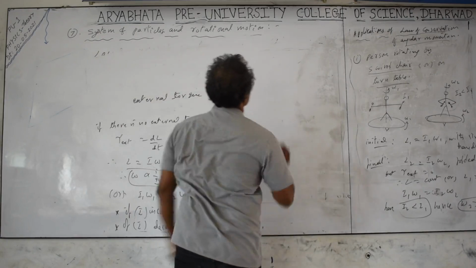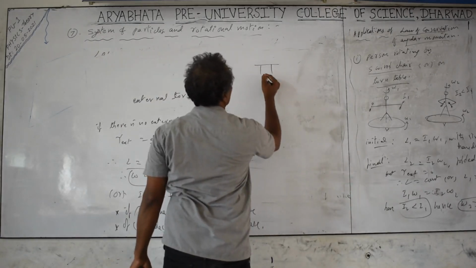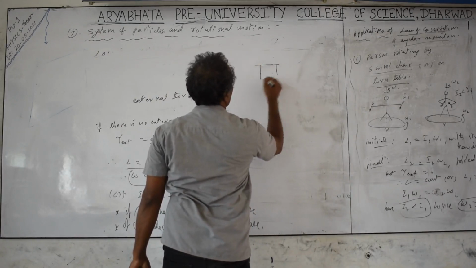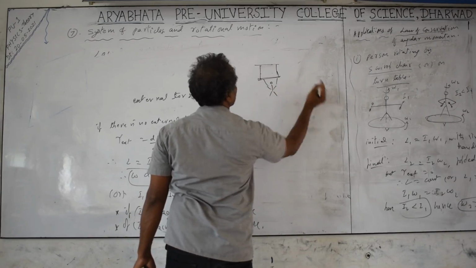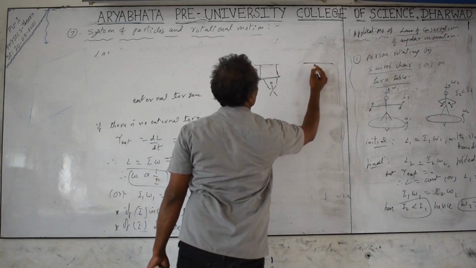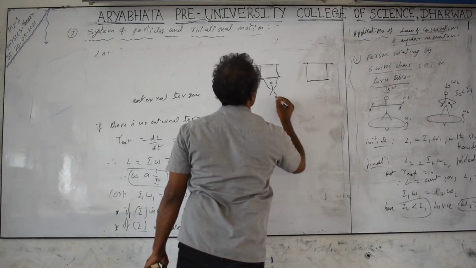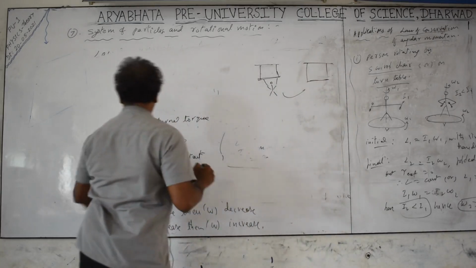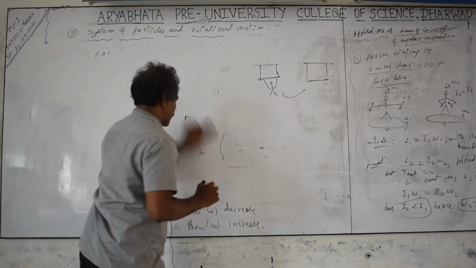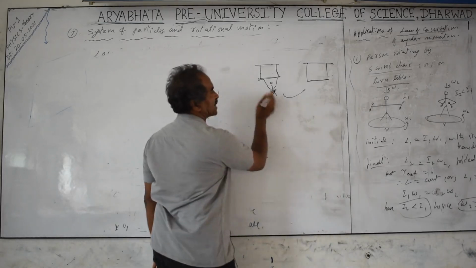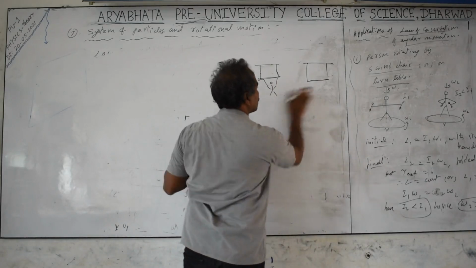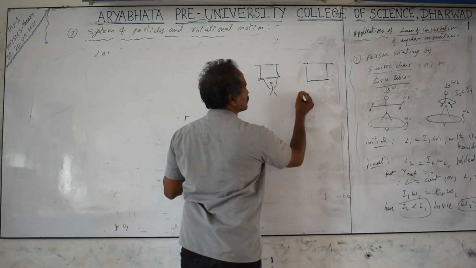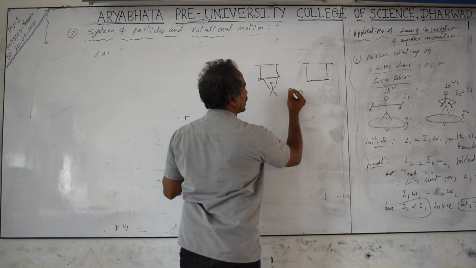A person in the circus hangs on the swing and jumps to the other swing. While jumping, he folds his body. Initially, he has to take some angular velocity, twist, and then jump. After jumping, he folds his body so that moment of inertia decreases.